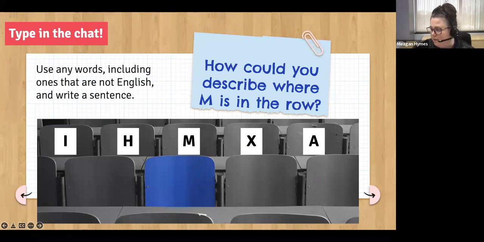3 from the right. Thank you, Susan. So 3 from the right. The middle, in the middle. Nice. Yes. Right. So we can talk about where M is, middle, next to the H. So next to, middle, 3 from, center, behind the blue chair, between H and X. Great.